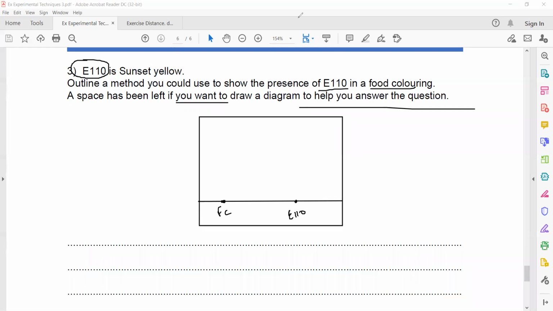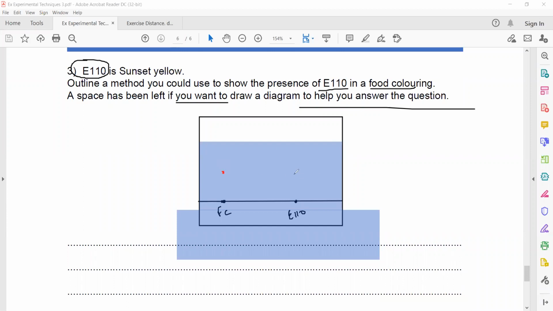We'll use a suitable solvent. When you use a suitable solvent, the chromatogram will soak up the solvent and the solvent will rise on the chromatogram. So if the spot from the food coloring and the spot from E110 rise to the same height, or we can measure the RF value for both. If they have the same RF value, it means the food coloring contains E110.